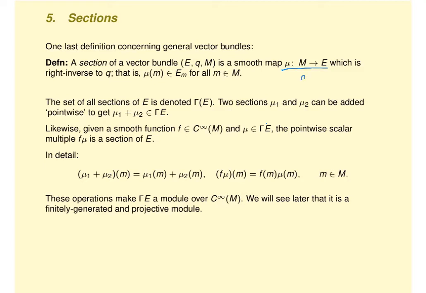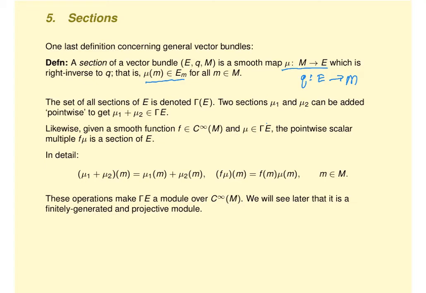Let's write it down. It sends each point of M to its base point, so that mu of m is in E_m for all m in M. And of course, if E is the tangent bundle, then the sections are the vector fields, vector fields interpreted as maps in this way.